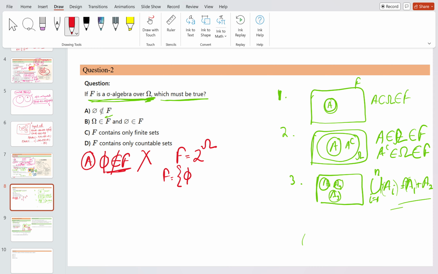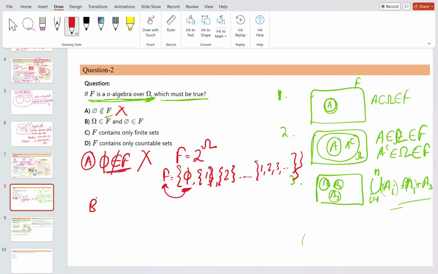It will contain phi, it will also contain 1, 2, 1 2 3 4, and so on. So phi also belongs to F because it is a subset. So the first is false.